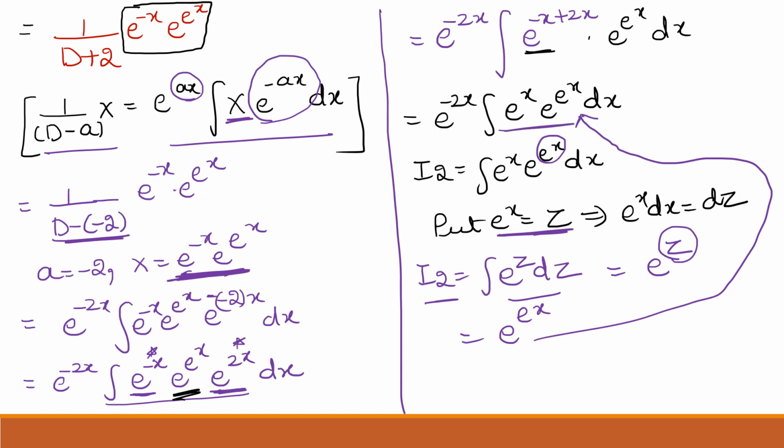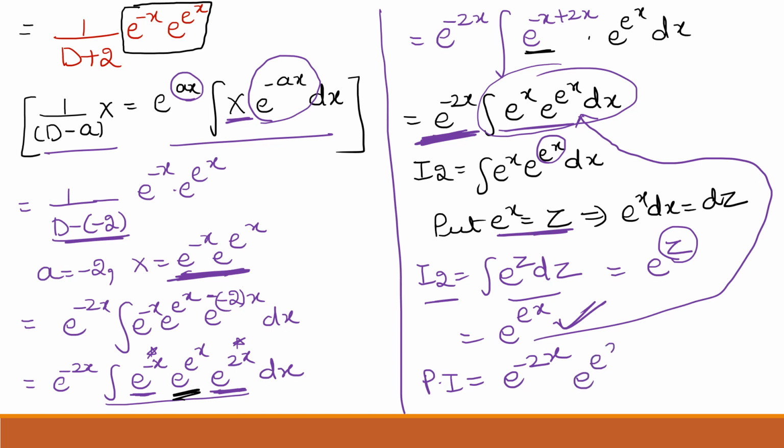So what is the final answer for the particular integral? That is e power minus 2x, and the value of this integral comes out as e power x. So this is the value of the particular integral. Now what will be the complete solution?